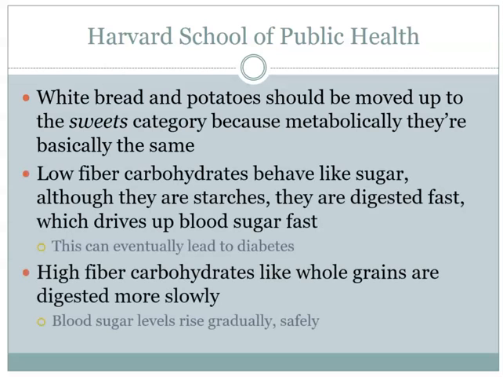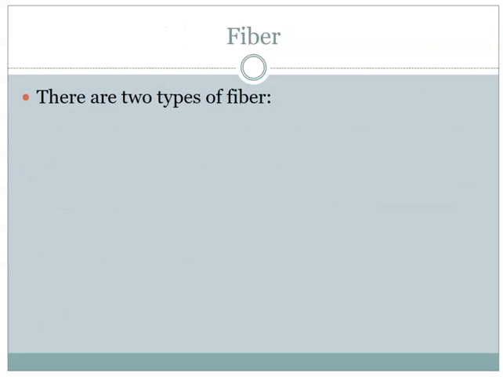So yeah, recap. Low fiber carbs are very similar to sugar because they're driving your blood sugar up too quickly. Whereas if you're eating something with more fiber in it, your blood sugar levels are going to rise in a much more safe way. So the two types of fiber, and then we will be done with this particular video.